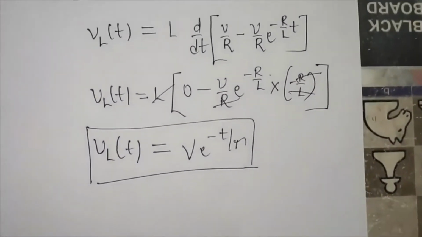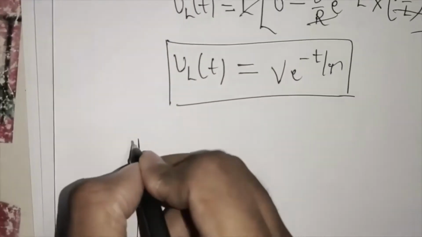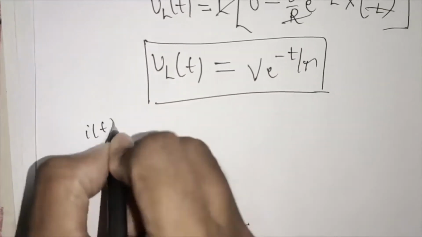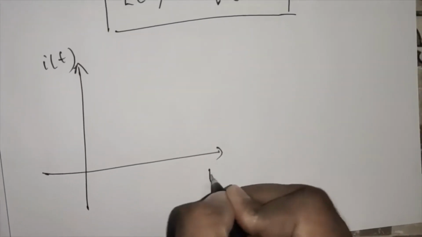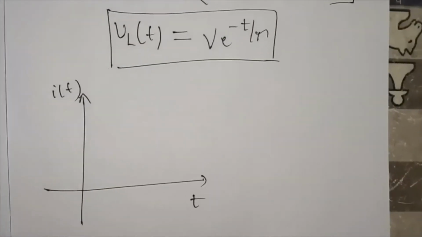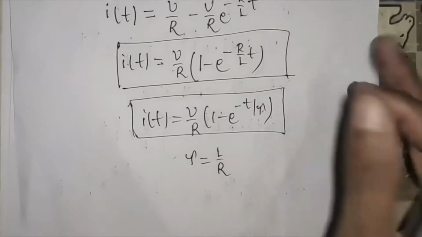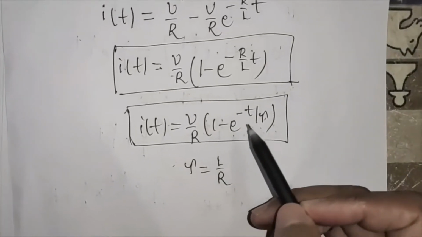So if I draw the expression for I of t, on the y-axis I consider I of t, on the x-axis t. We have got the expression I of t is equal to V by R into 1 minus e power minus t by tau.